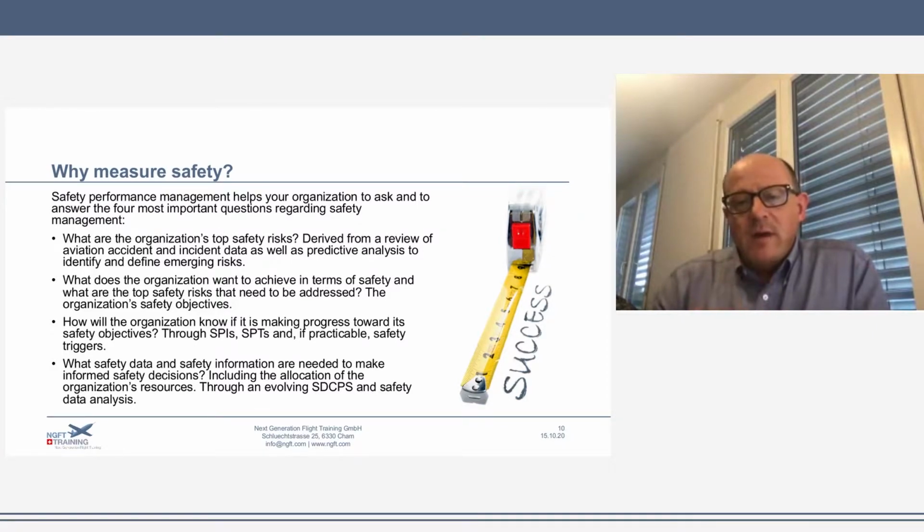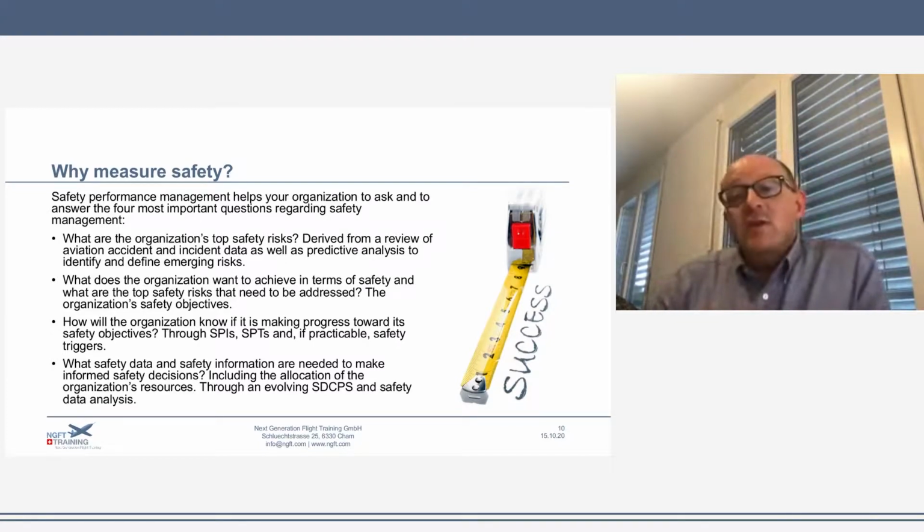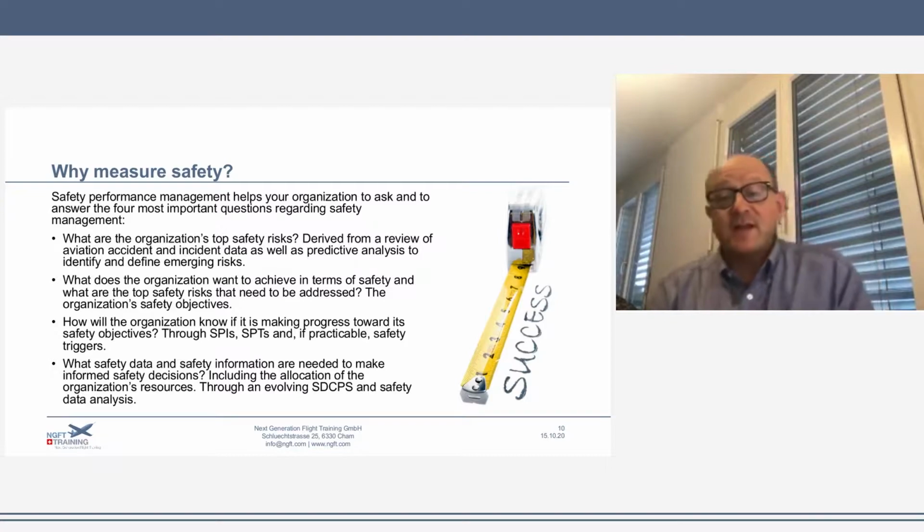So, safety, why are we doing that? I touched upon this already a bit, but when we measure safety, at the same time, we identify the top safety risks. That is either from internal reporting or from risk databases that we have access to.